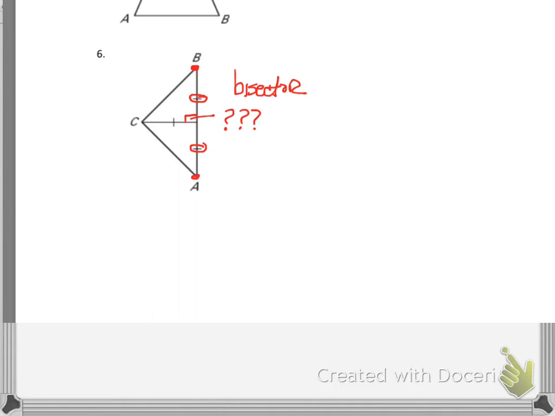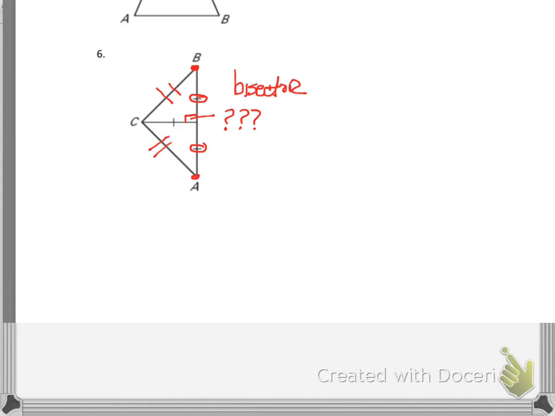If that was on a perpendicular bisector, wouldn't I have this marked as being equal? Let's say they didn't give us the right angle, but they did give us these markings and these markings. If I had those sets of markings, I could say yes, it must be on the perpendicular bisector. But look what I have.